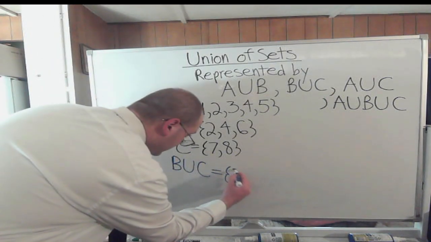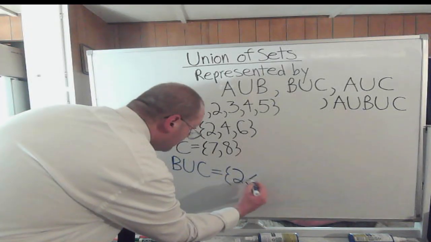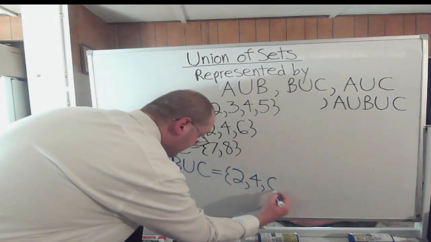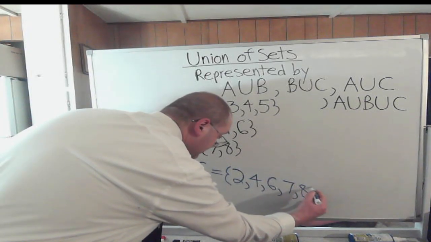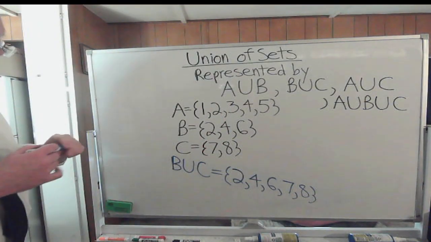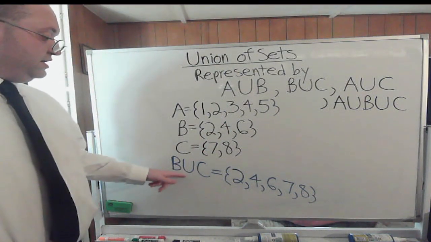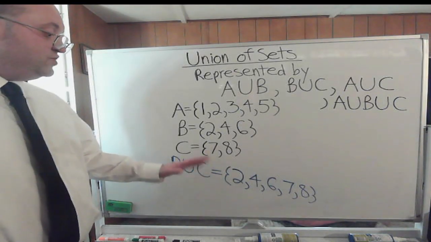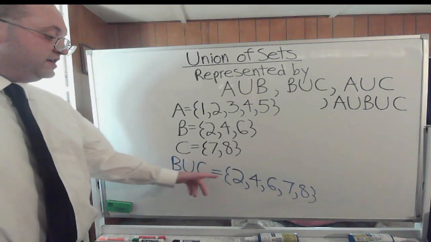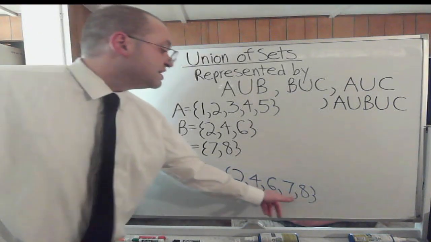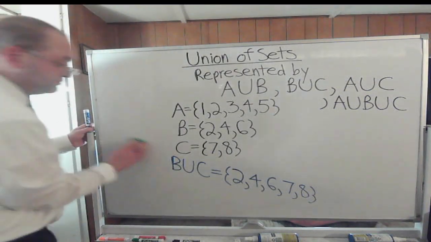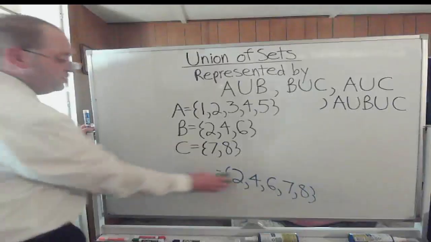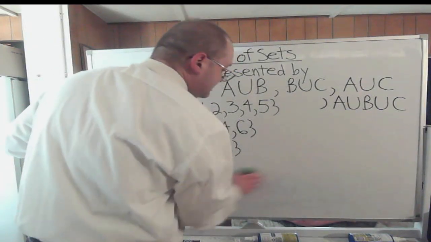So you're just going to get the set of 2, 4, 6, 7, and 8. So B in union with C will give you the set of 2, 4, 6, 7, and 8. That's what you would get. So with union, you're just simply combining elements together.